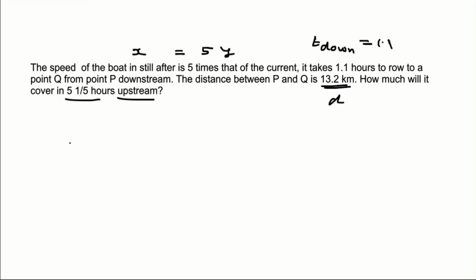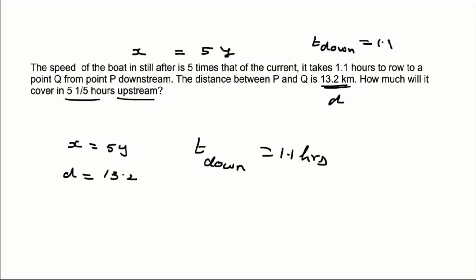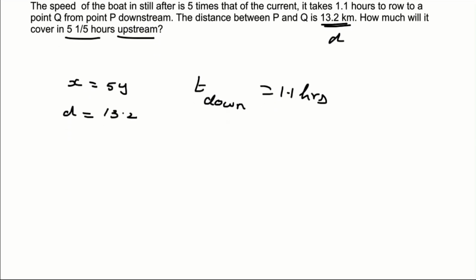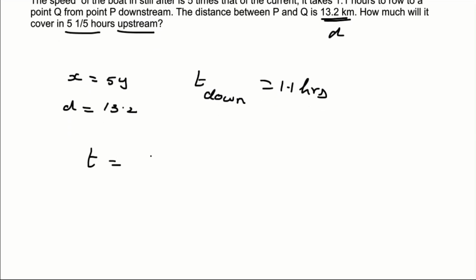Okay, so what is given? x is equal to 5y, distance is given as 13.2, time taken downstream is 1.1 hours. Now I can relate t is equal to d by s.